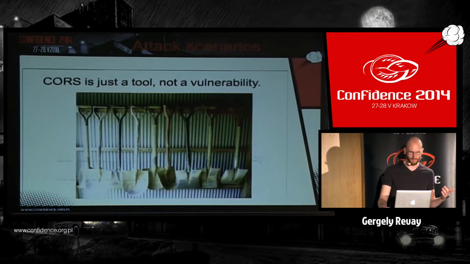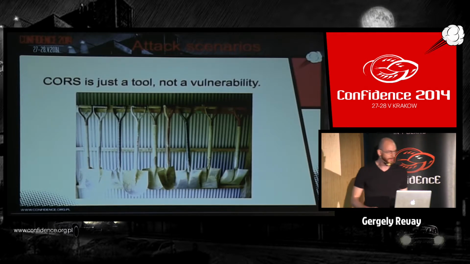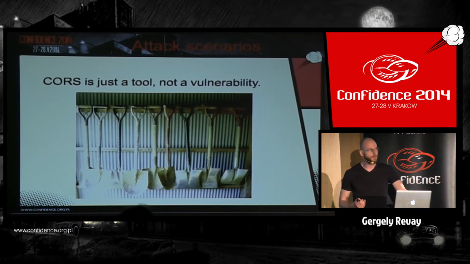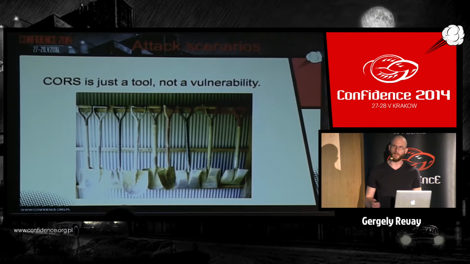hack. Actually, I have a slide for that, but it's not a vulnerability. So CORS is actually a well designed feature, which is not broken. It's just something which, as an attacker, you can use as a tool. It's not a vulnerability that you exploit.